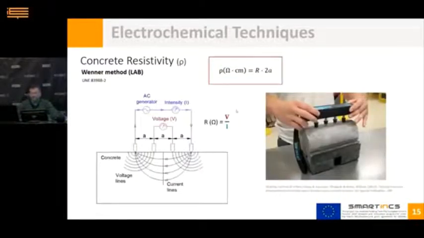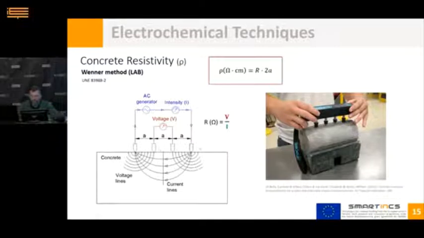Another widely used method is the Wenner or 4-electrode method, also standardized. This method uses 4 electrodes placed in a straight line and equally spaced.